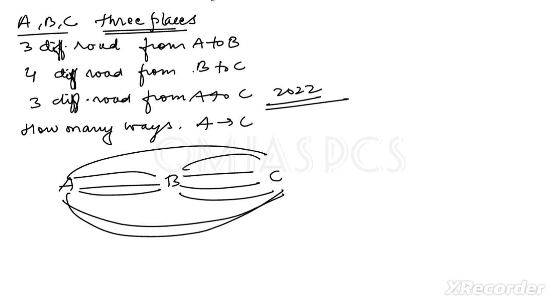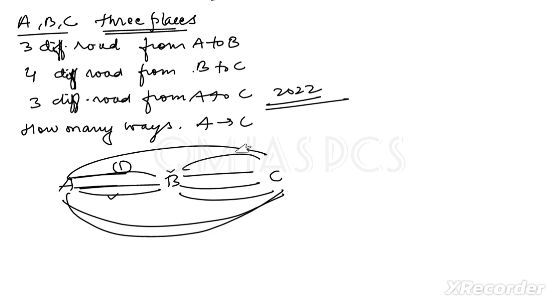When we are going from this road, this is your first way, and after reaching B we have four options. Similarly when we are going through this road, we again have four options. Again from this road, four options. Like that, when we are taking three roads, we have four options.